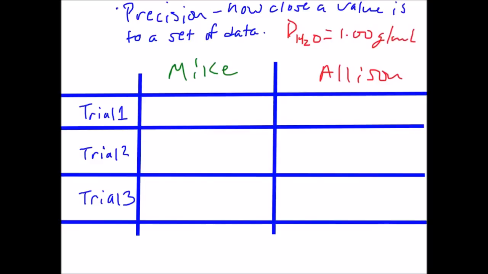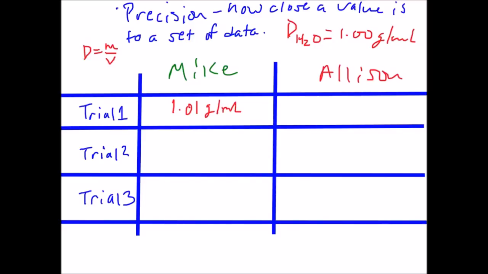Okay, so they go in there, they have to get a certain amount of water, and then they're going to take the mass of that water, take the volume of the water, and divide, because we know that density is equal to mass divided by volume. Alright, so let's say that Mike does this, and his first trial gives him a density of water of 1.01 grams per milliliter.